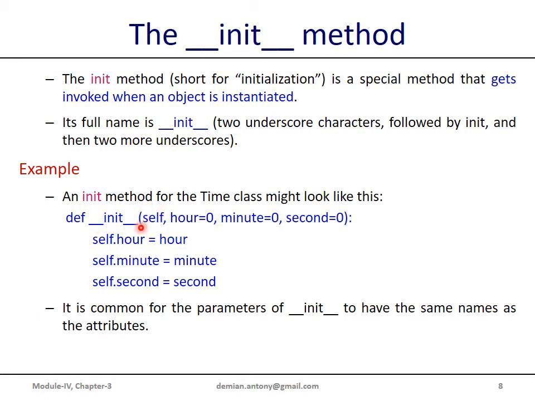This is the subject, self object, and we have three default parameters. What are these default parameters? If a function or method call doesn't supply the argument, these default values are considered. The body of this method will assign these default parameters to the attributes hour, minute and second respectively.